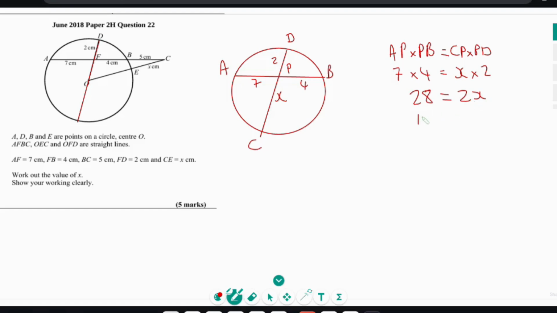Divide both sides by 2. x is 14. Now, the whole length is 14? No, it isn't. It's just x is 14. So from here to there is 14. I want to use that to work out the radius, you see.